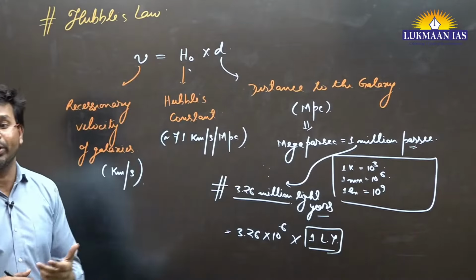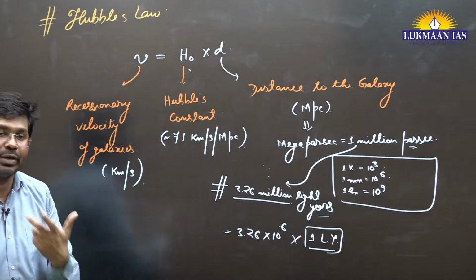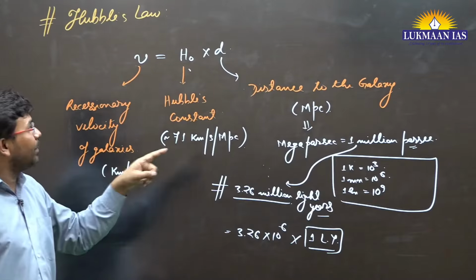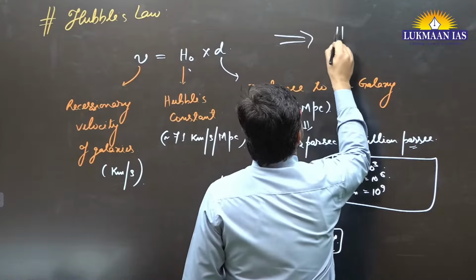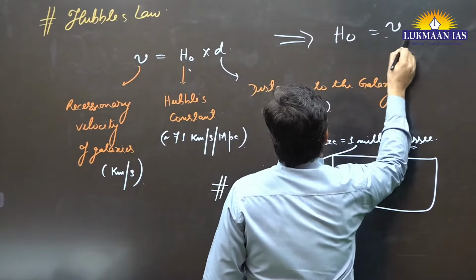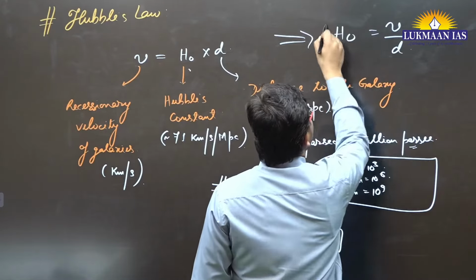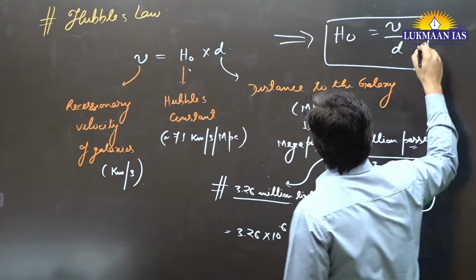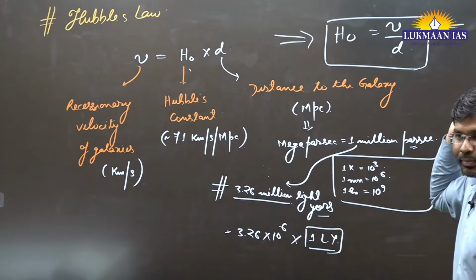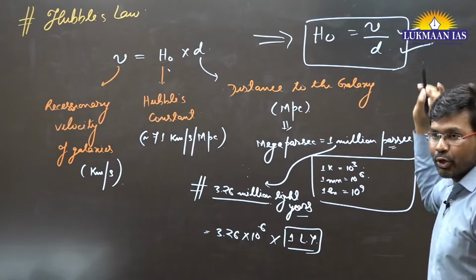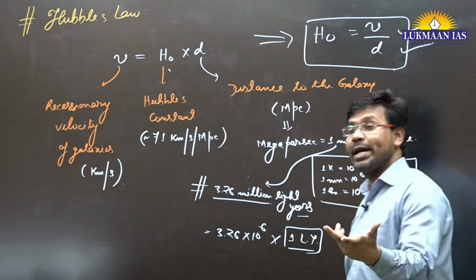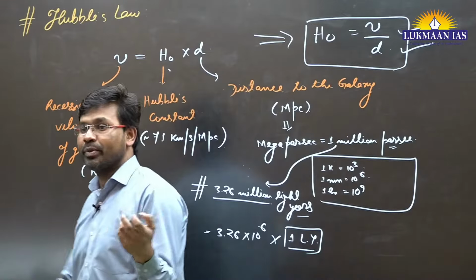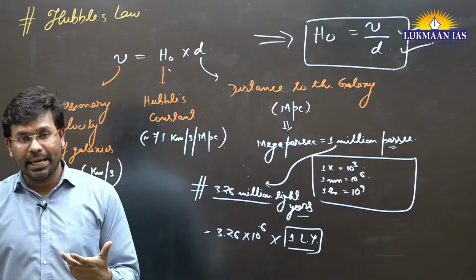So if we have to calculate Hubble's constant, how do we calculate? We can calculate Hubble's constant: H naught will be equal to V upon d. V is the recessionary velocity, and d is the astronomical distance. And how do we get to know what the recessionary velocity is? For this, we do have a mechanism.